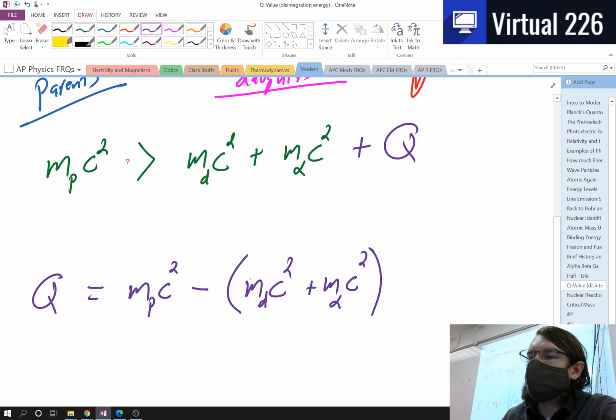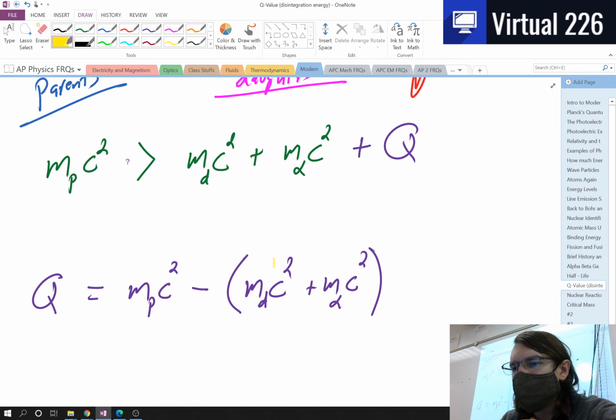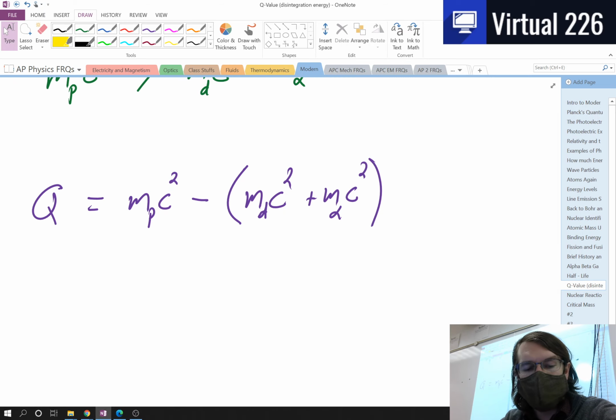If we wanted, we could just put minus and then minus for each of these. Yes, the minus is distributed. Yes, technically you could pull the c squared out of all of these because the c squared's everywhere, yada, yada, yada. But however you write this out, we have what we initially have minus what we had at the end, the parents minus the daughters. And doing this gives us a Q value.